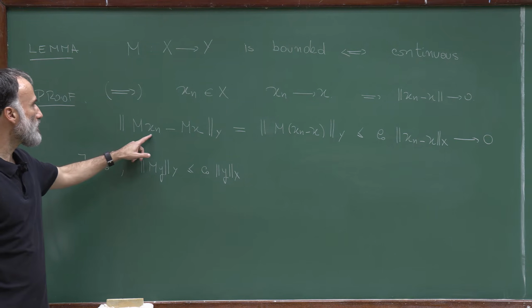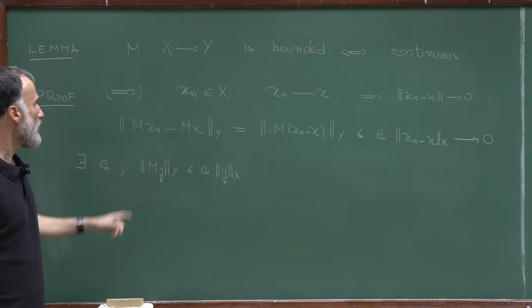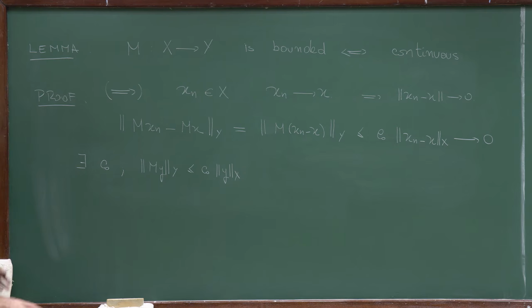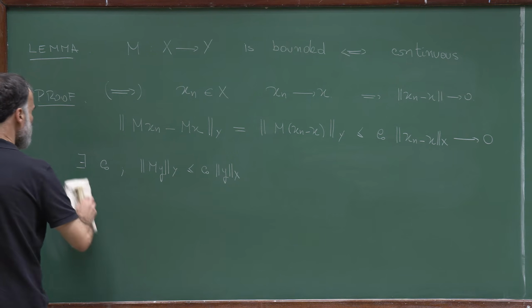That proves that Mxn is converging to Mx, and therefore that M is continuous. So the proof is quite simple.